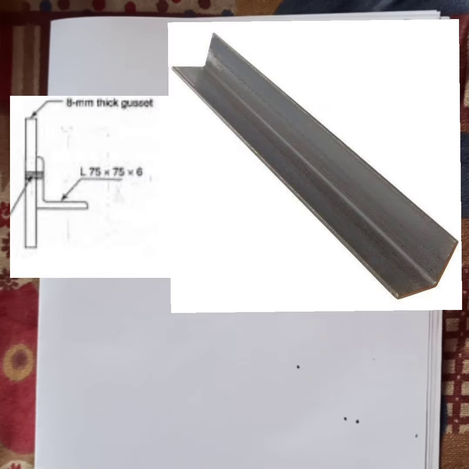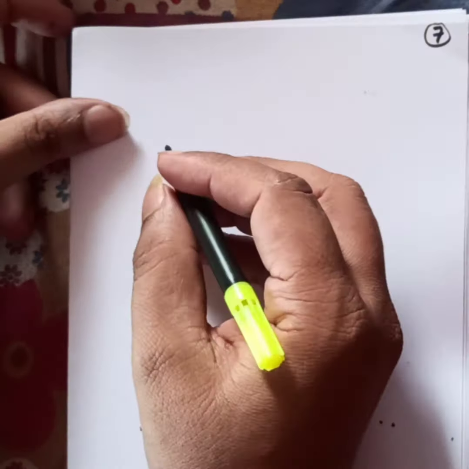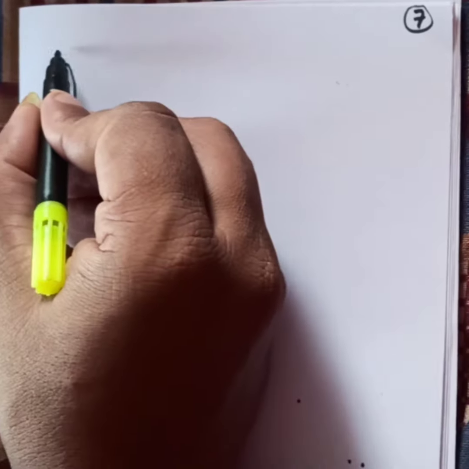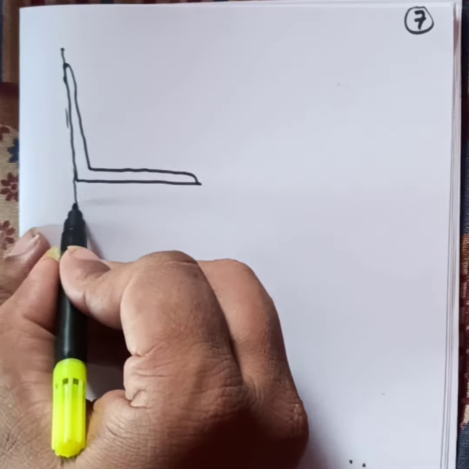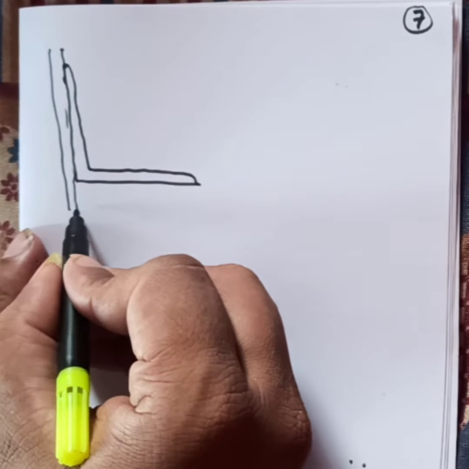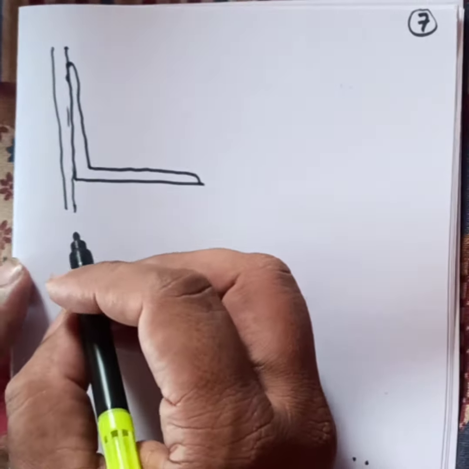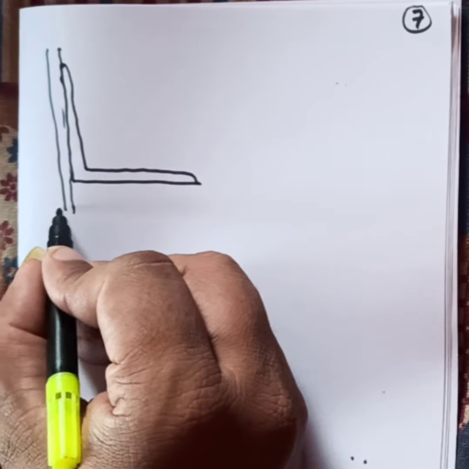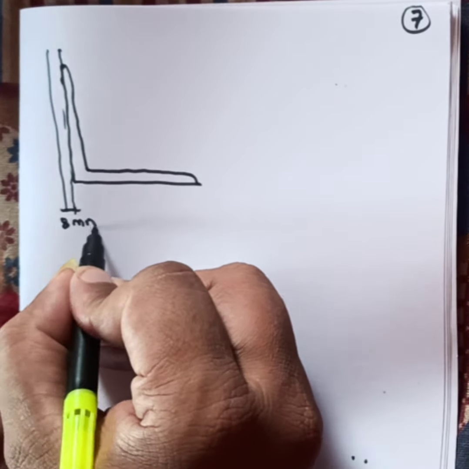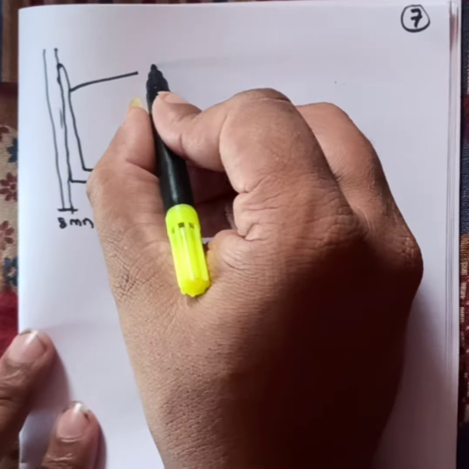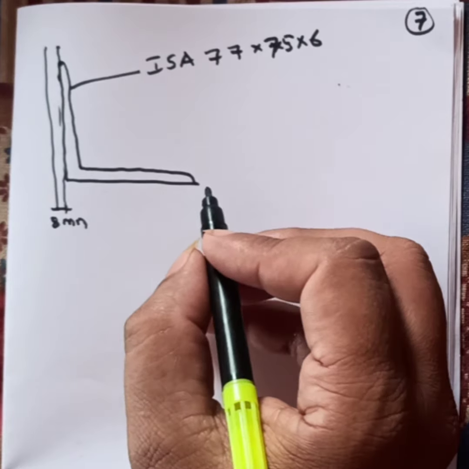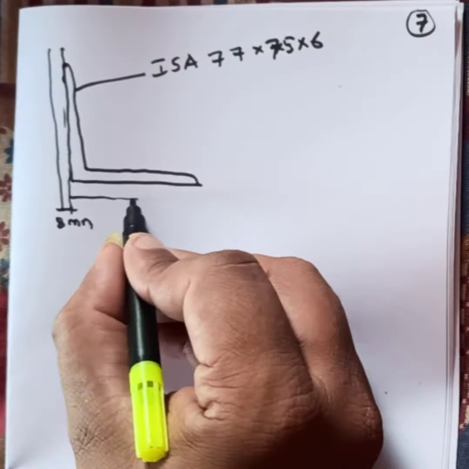So it's an angle ISA 75/75/6. So I will draw the figure here. So this is the angle we have here, which is connected to a gusset plate. The gusset plate is 8 mm. This angle is ISA, so that means it is 75.